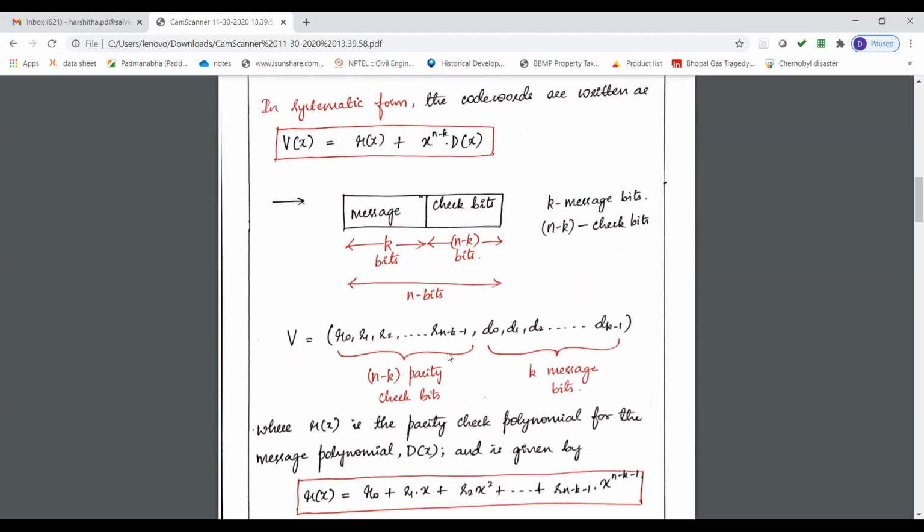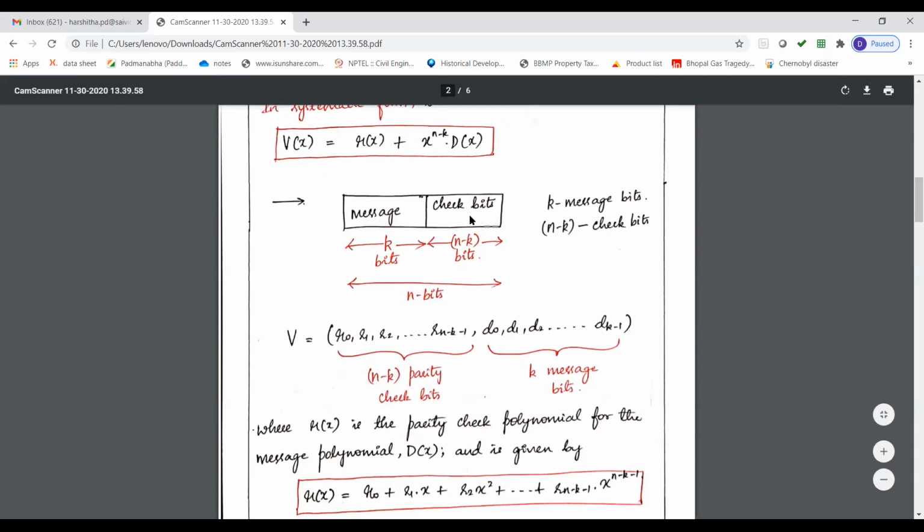Basically, this binary cyclic code is represented like this: first will be your message followed by the check bits. For an (n, k) linear block code, k indicates the length of the message. So the message is k bits and the length of the code word, message including the check bits, is n bits.